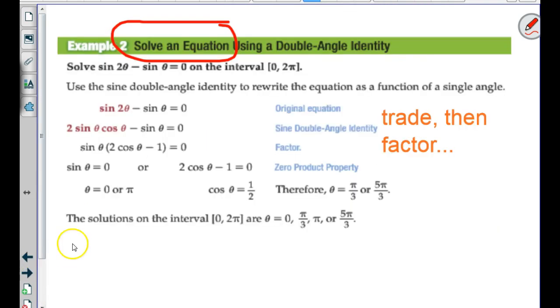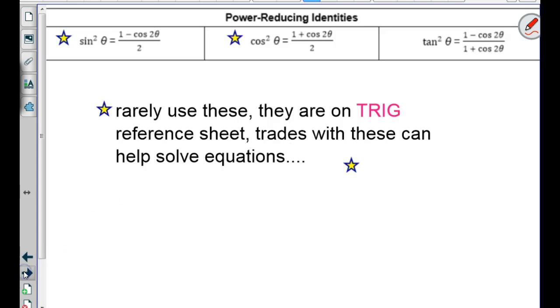So the second thing you can have to do with these is use them to solve an equation. So these are the power reducing identities that are on your notes. Okay. They are on the trig reference sheet or not? What does it say?